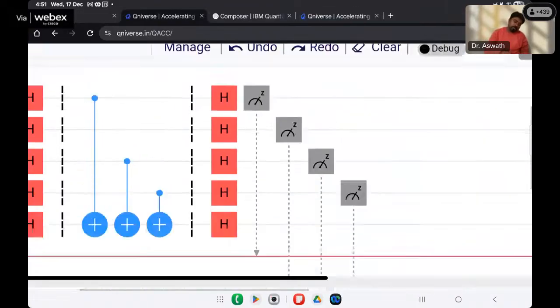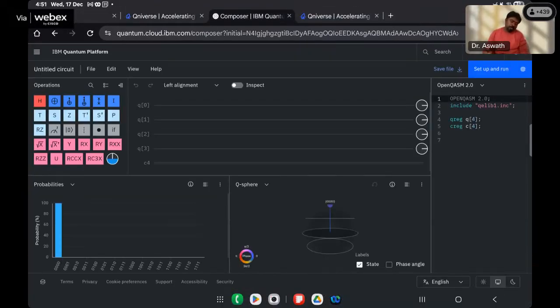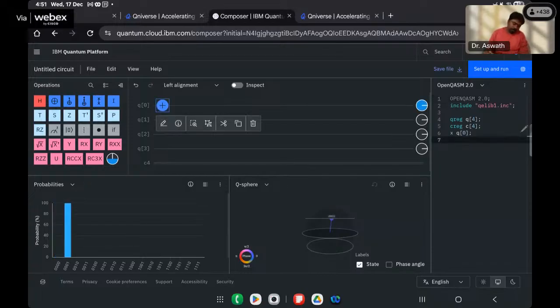In IBM Composer, let's say I have 4 qubits here, all of them 0. Let's say the right top one is 1. If you click here, they will write the top one at the right extreme: Q0, Q1, Q2, Q3.